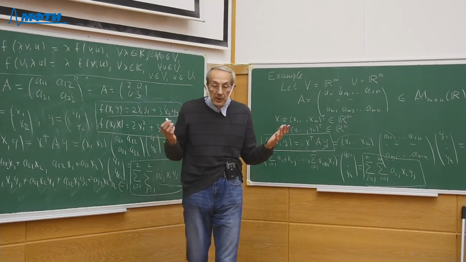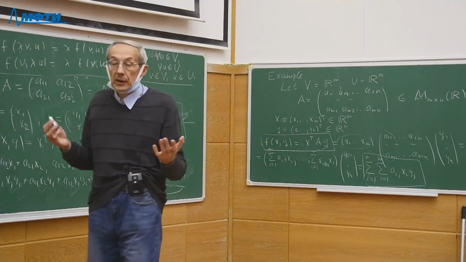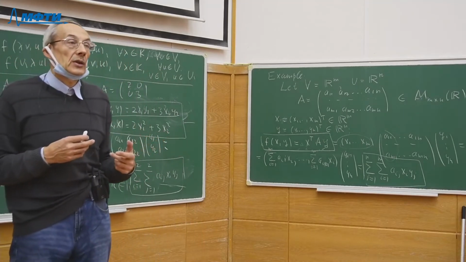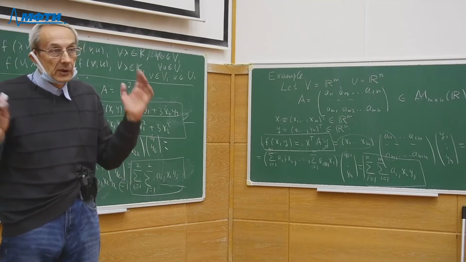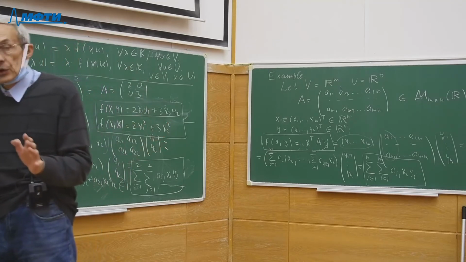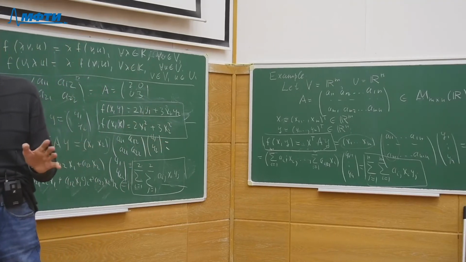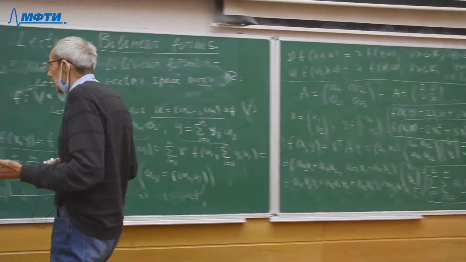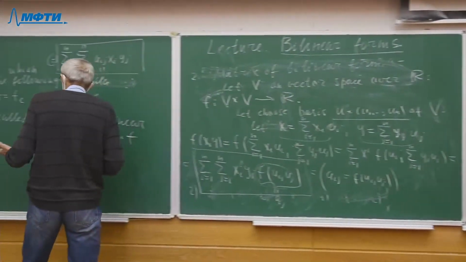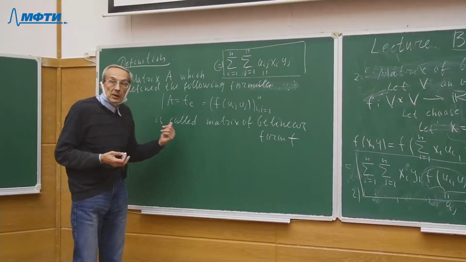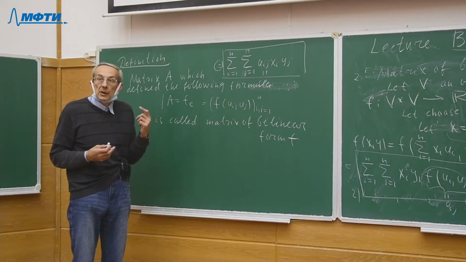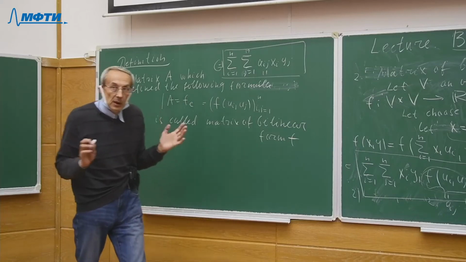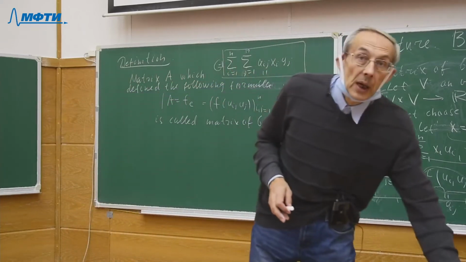It's the same as in the case of the vectors. If we change the basis, we change the coordinates of the vectors. And we have the formula for changing coordinates if we change the basis. We can ask how the matrix of the bilinear form changes if we change the basis. Do you understand what the question is? And now we answer this question.